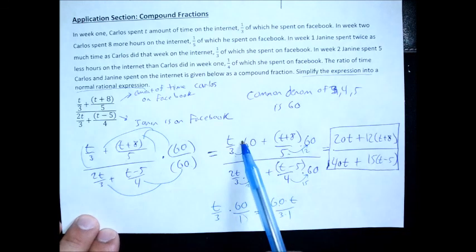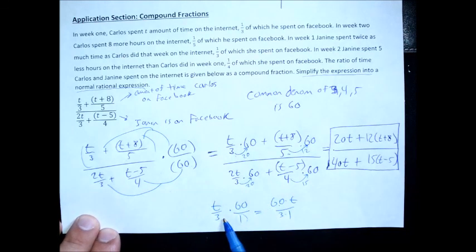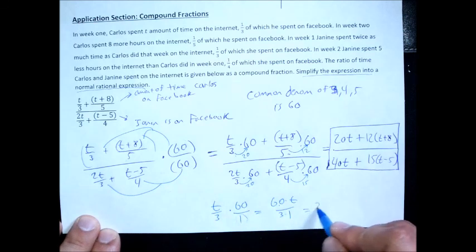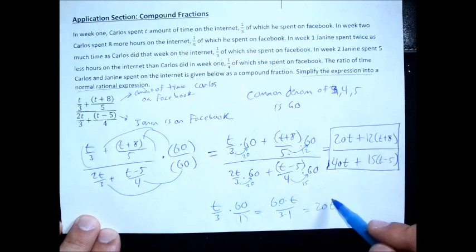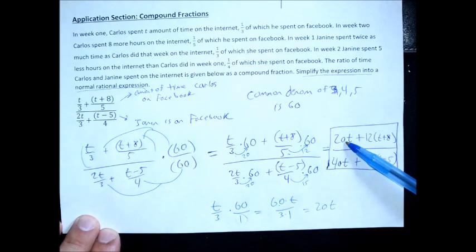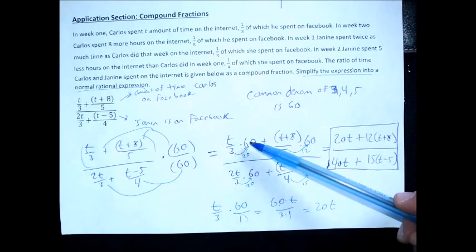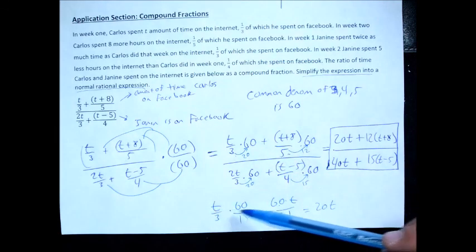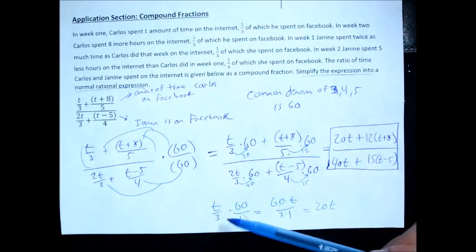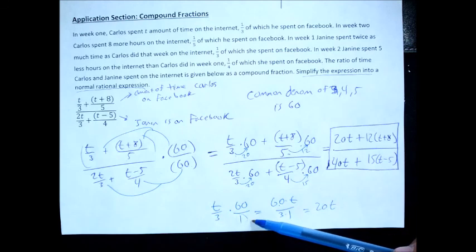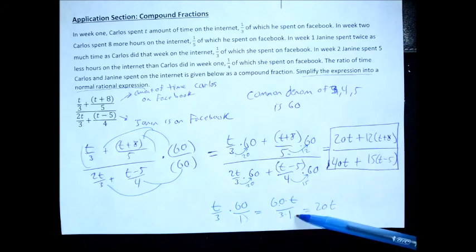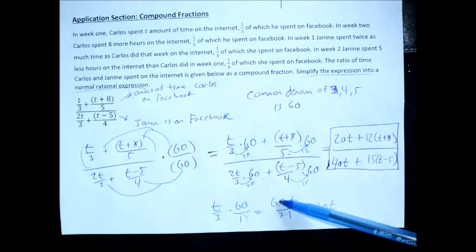So t over 3 times 60, I'm doing that right here, right? It becomes 60t over 3. And then 3 goes into 60 20 times. And that's where this 20 came from. This 60 multiplied the t over 3, and so I'm showing you the work of that down here. You multiply straight across the fraction to get this, and then 3 goes into 60 20 times.